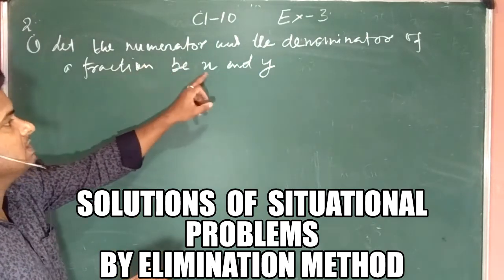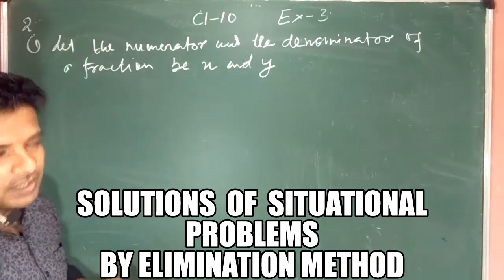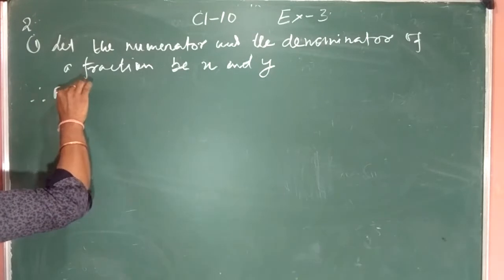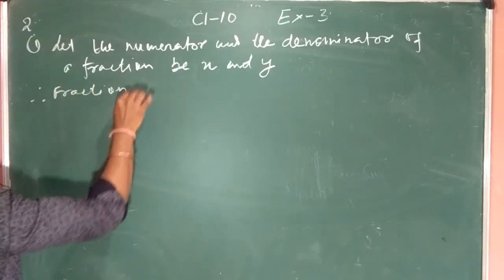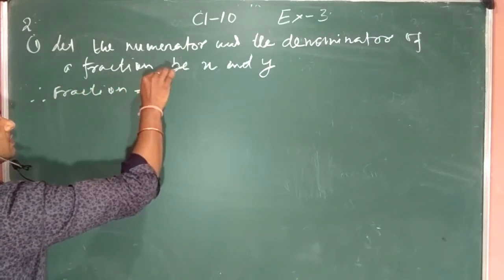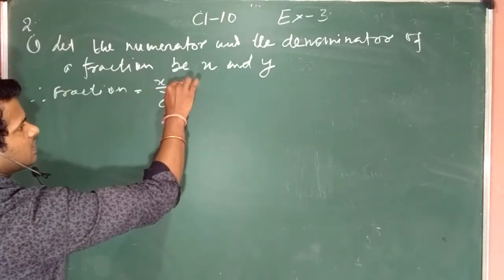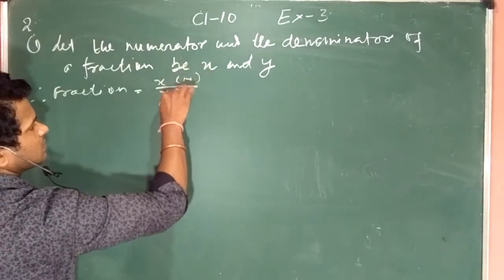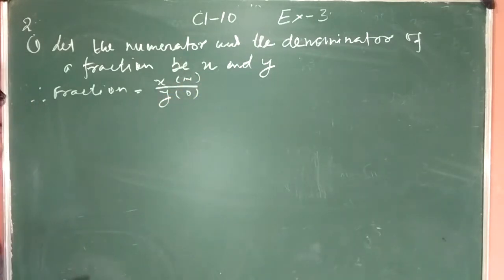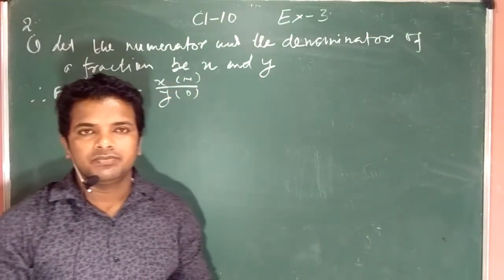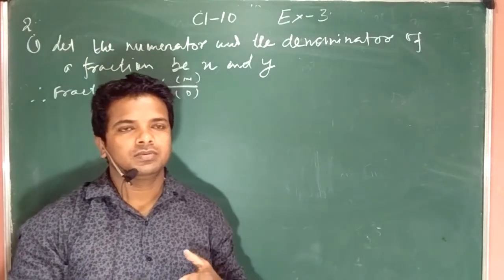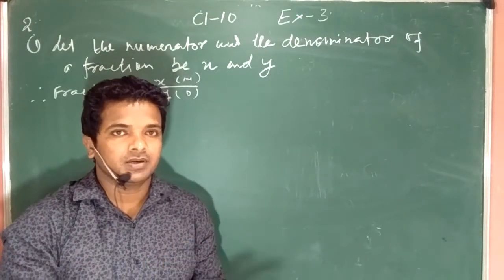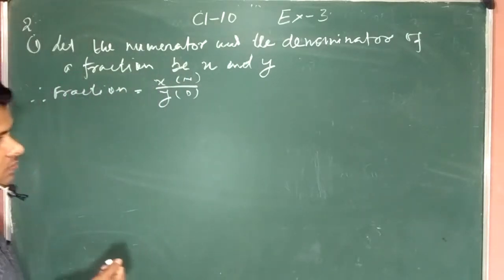That means our numerator is x and the denominator is y. Okay. So therefore, the fraction will be x by y. That means this is your numerator and this is your denominator. If the value of x is 2 and y is 3, then 2 by 3 will be the fraction, but we don't know what the values will be.